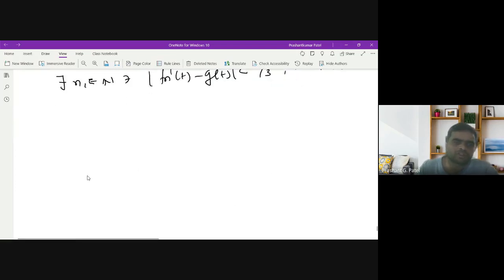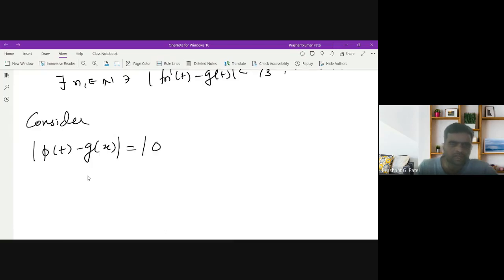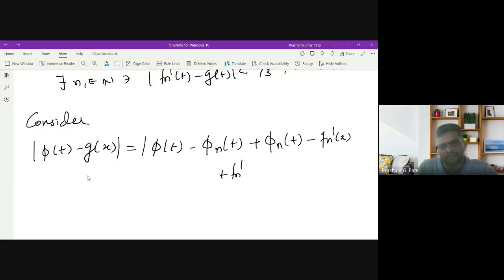So now consider modulus of phi of t minus g of x, adding and subtracting certain terms here. That is phi of t, if I subtract phi n of t and add phi n of t, and then subtract fn dash of x, add fn dash of x, and the minus g of x is already there.